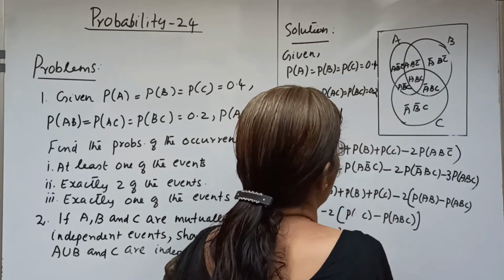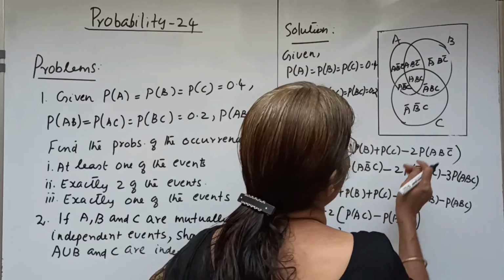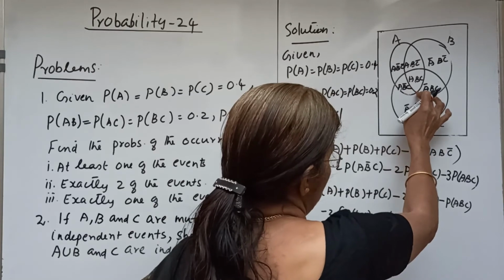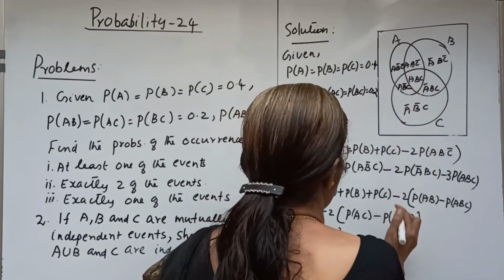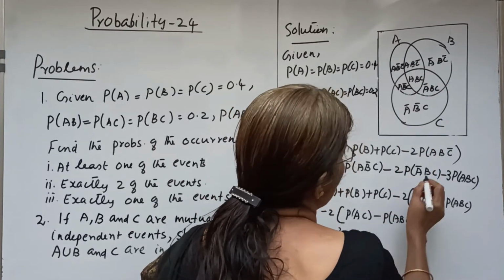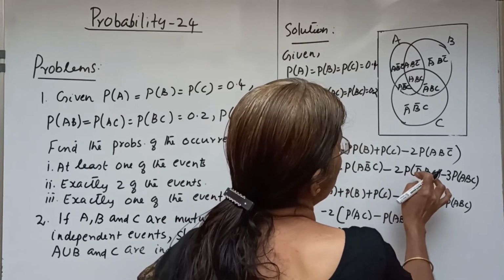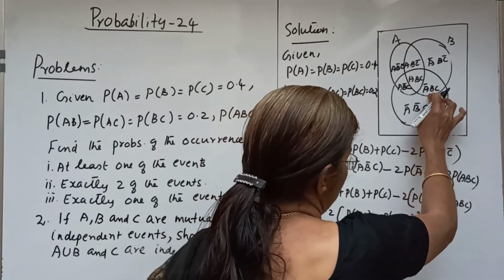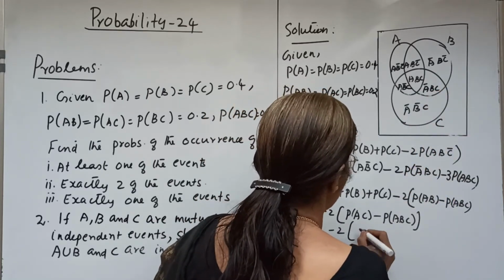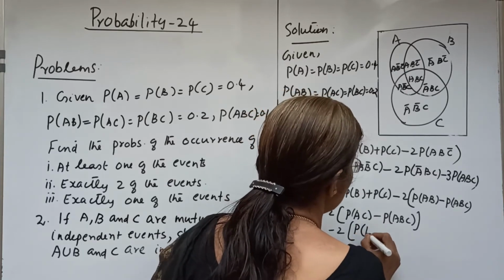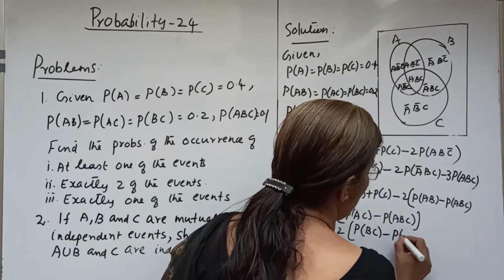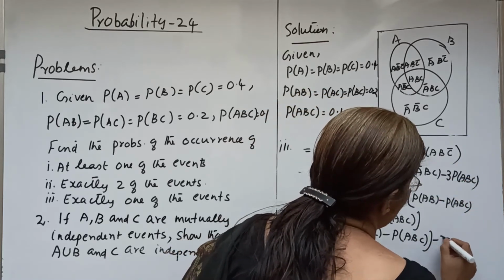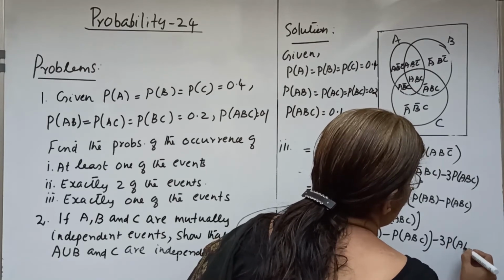Minus 2 into P of B C minus P of A B C, minus 3 P of A B C. Okay.